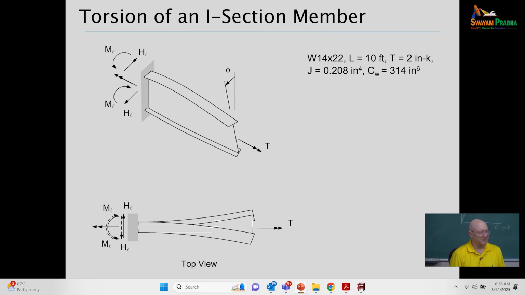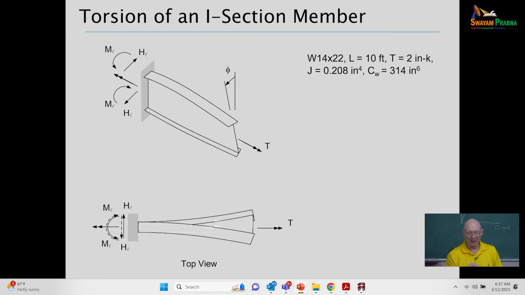Now, what's warping? Warping in an I-section member is essentially cross-bending of the flanges. So if we take this simple example here of a cantilever beam, it's built in where everything is fully fixed on the left-hand end, and then we say, let's apply a torque at the free end.